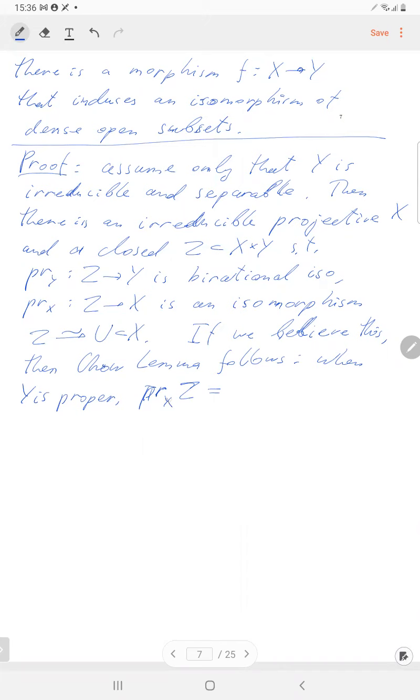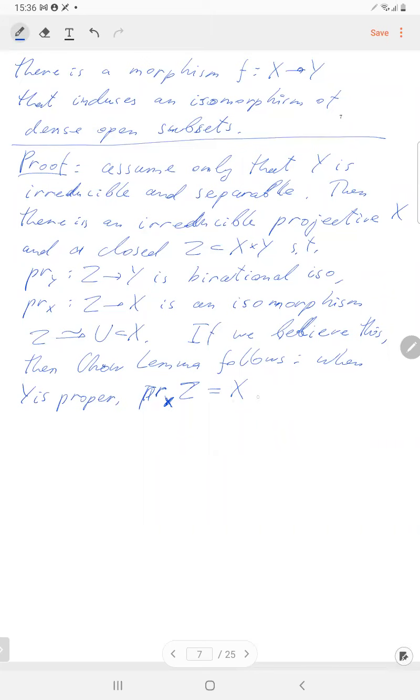Projection to x, sorry. Since y is proper, the projection to x must coincide with x. Right? I mean, the other is also true, but we rather need this.